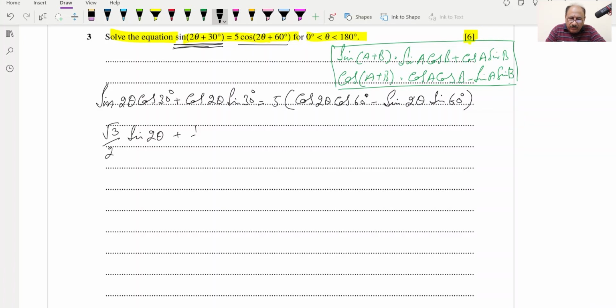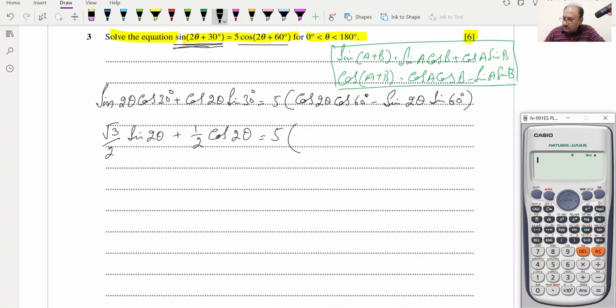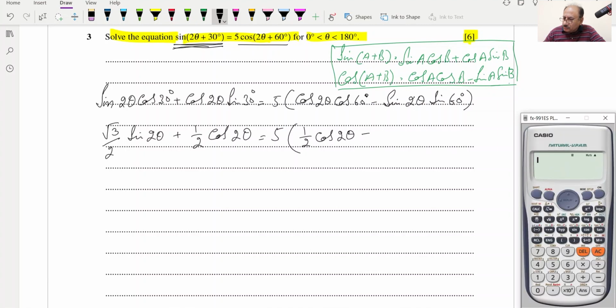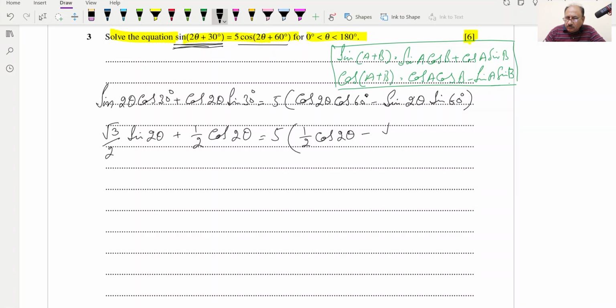So plus 1 by 2 cos of 2 theta, and this is equal to 5, and cos of 60 degree is equal to 1 by 2. So we can write 1 by 2 cos of 2 theta minus sine of 60 degree. So sine of 60 degree is equal to under root 3 by 2. So minus under root 3 by 2 sine of 2 theta, and this will be further simplified.